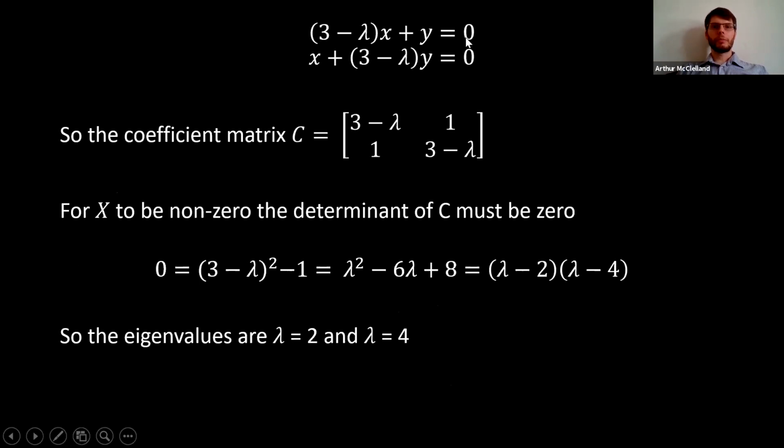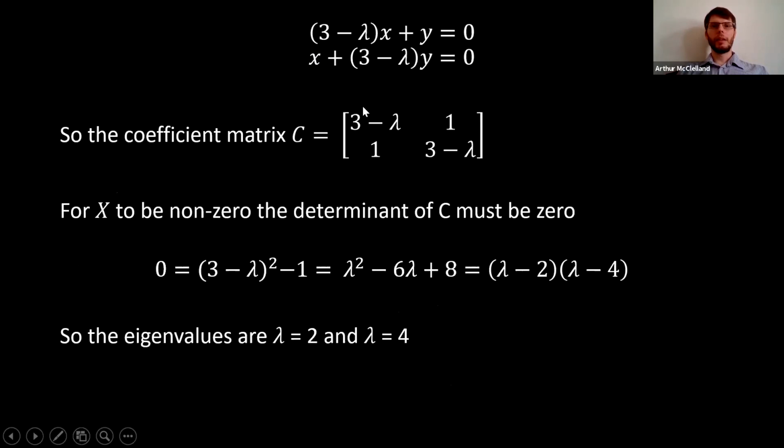We can, of course, move the lambda x and lambda y over to the other side to put zeros on the right. And then we can write a matrix of just the coefficients. So we have 3 minus lambda and 1, then 1 and 3 minus lambda.